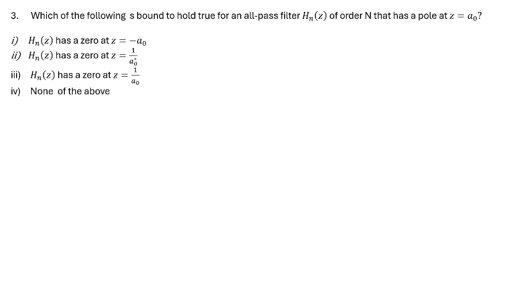By the way, we can get the answer to this question by using the critical property of the all pass filter, that is your poles and zeros must form an inverse complex conjugate pair.